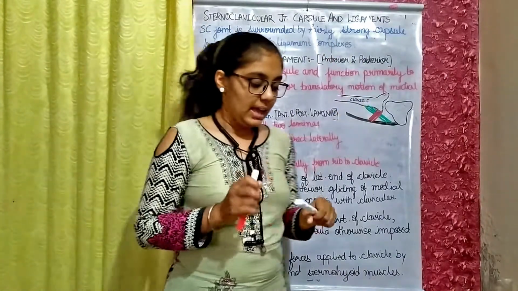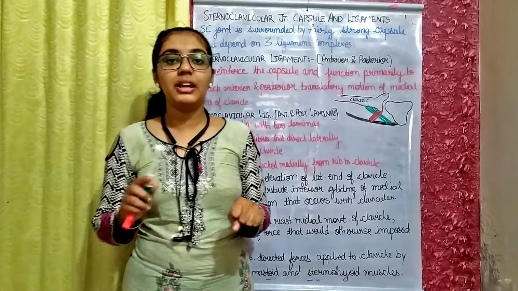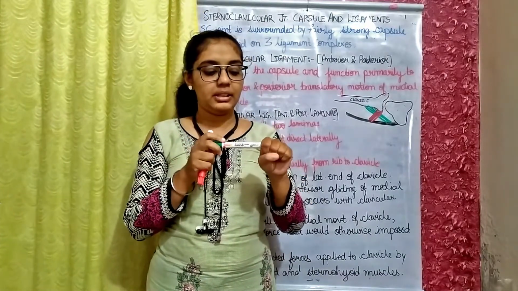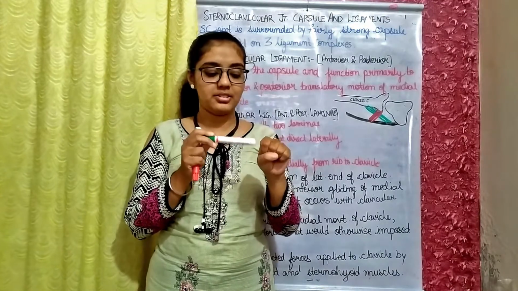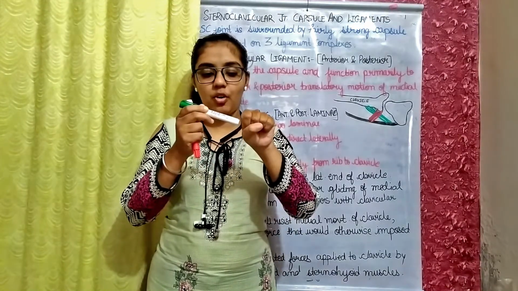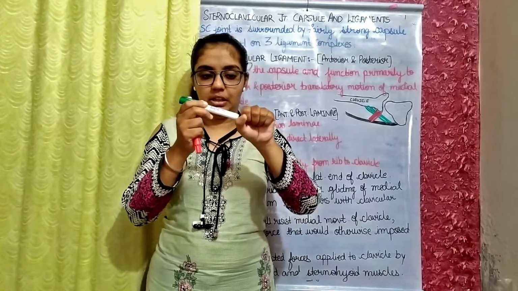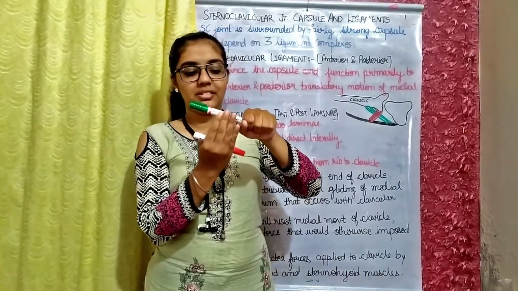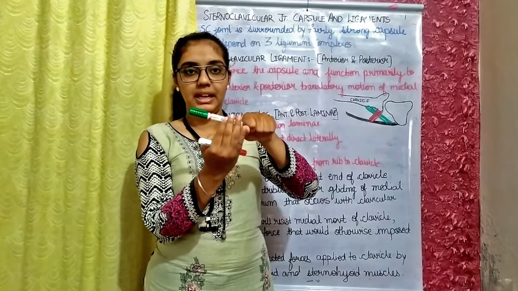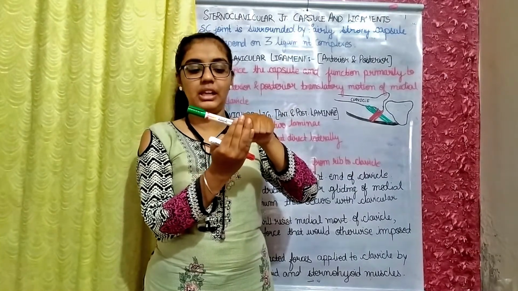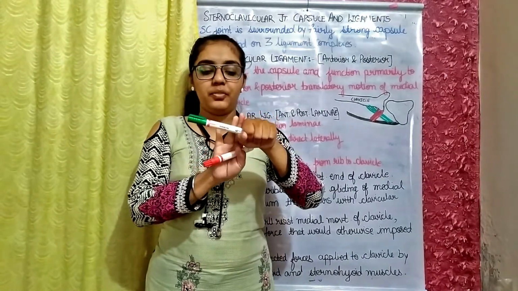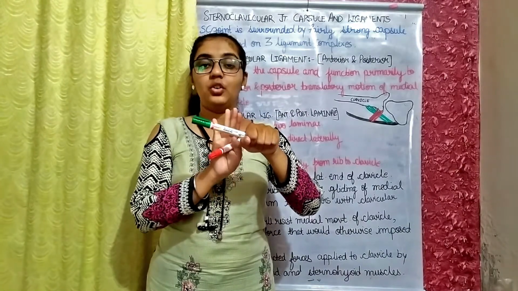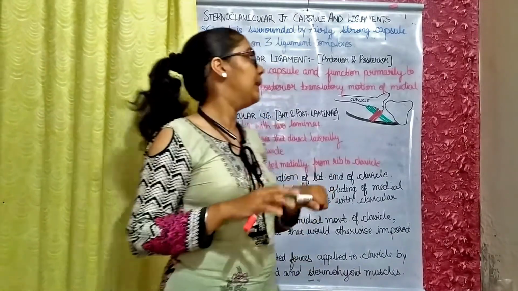Take this as a clavicle and my hand as a sternum, so the joint is formed between the sternum and clavicle. The ligament at the anterior part is the anterior sternoclavicular ligament, and the ligament at the posterior part of the joint is the posterior sternoclavicular ligament.